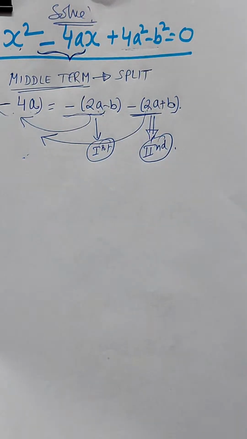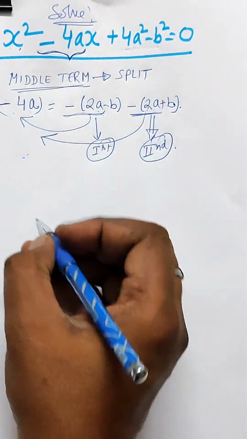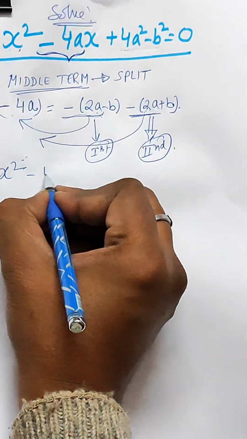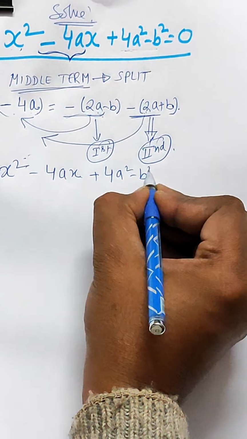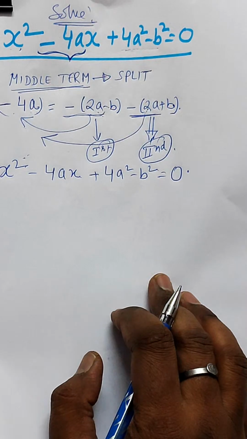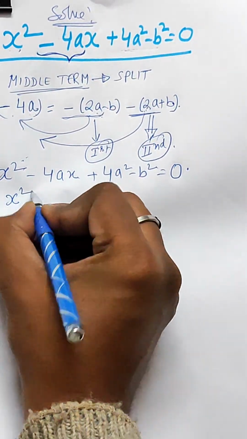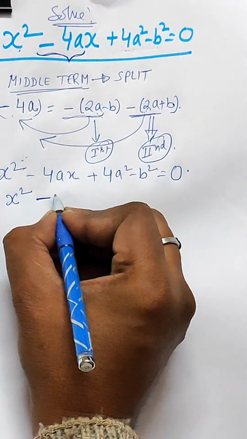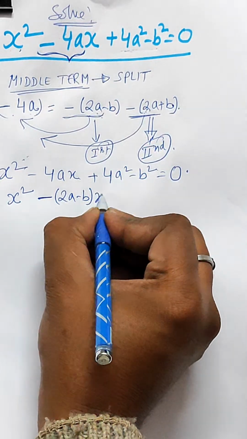Now the above quadratic equation, x square minus 4ax plus 4a square minus b square equal to 0, can be written as x square minus 2a minus b x.